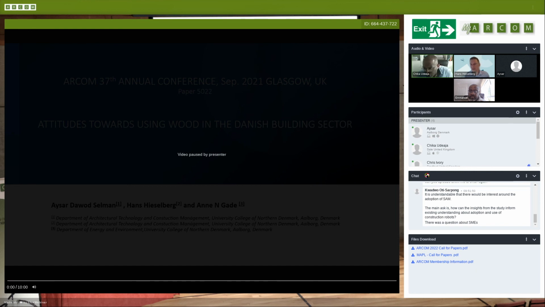If I may elaborate a little while we wait for a question. The Danish government is working on legislation about sustainability in the construction sector. I don't know if it was mentioned in the presentation, but it's something that most are not quite ready for yet, to adapt to the new legislation.